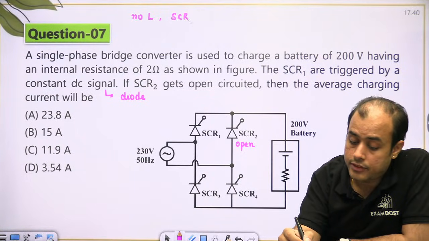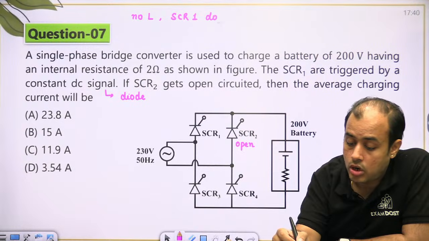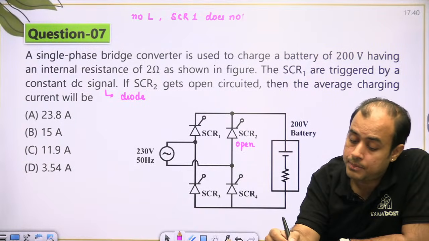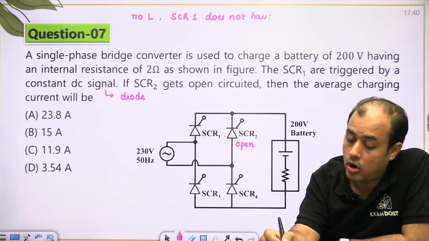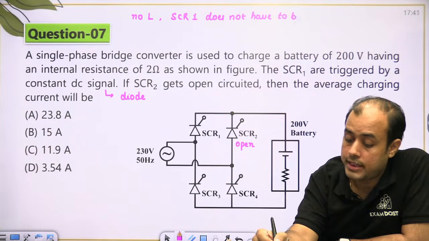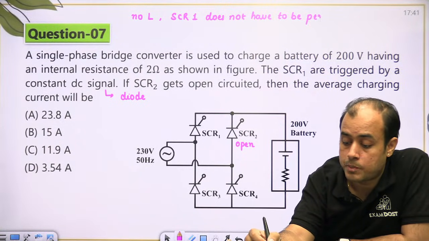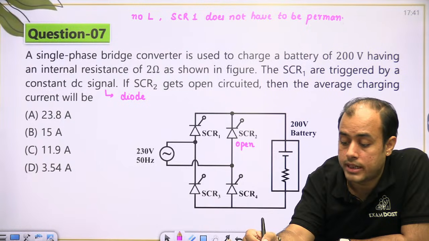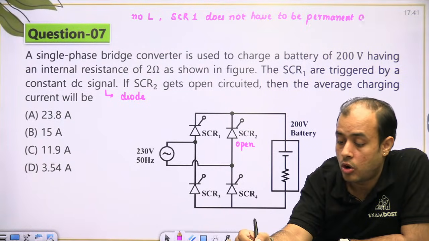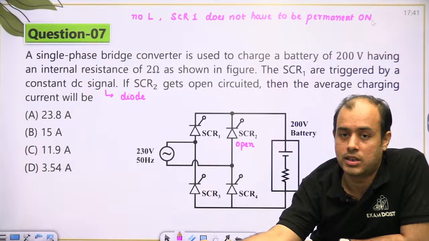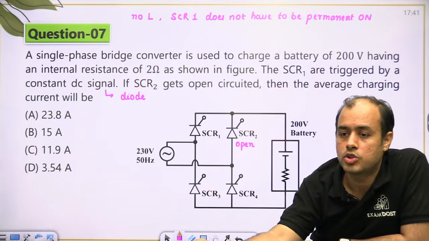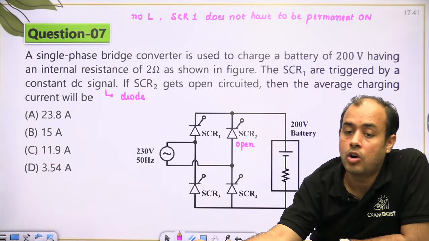So SCR1 does not have to be permanently on. मैंने आपको सिखाया था ना, एक SCR ओपन हो जाता है तो उसका जो भाई बंधु है वो परमानेंट ऑन हो जाता है. वैसा यहां नहीं होगा. ठीक है, वैसा यहां कुछ भी नहीं होने वाला है, बिकॉज देयर इज अ RE लोड.